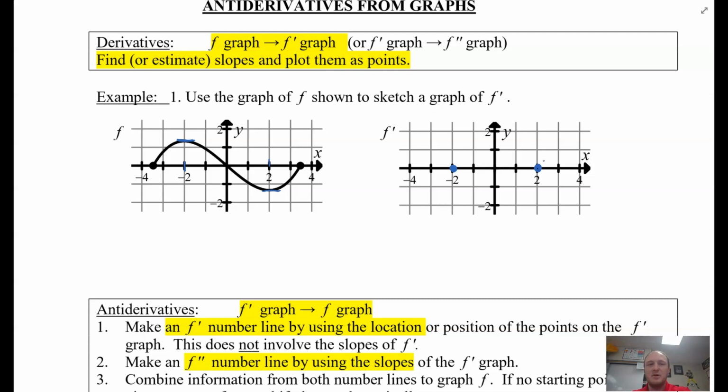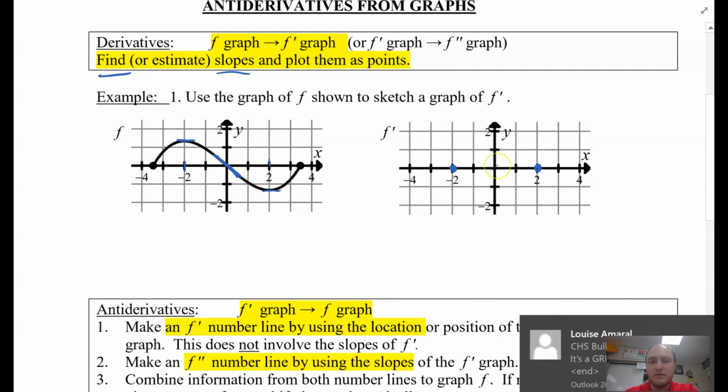Then we're going to find the slopes and plot them as points. I want you to think about this section here. At 0, I hope you would agree that the slope is roughly -1, right? I'm going down 1, right 1, down 1, right 1. So it's going to be roughly -1 through this area.